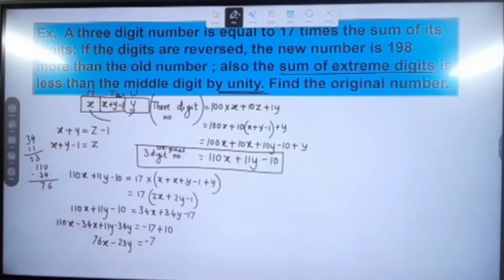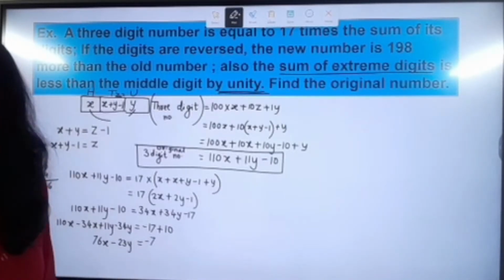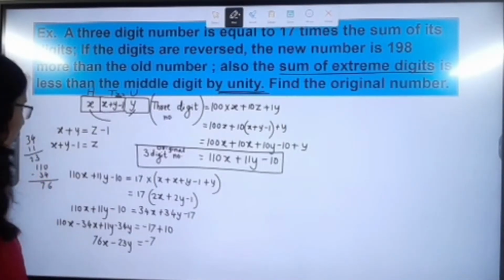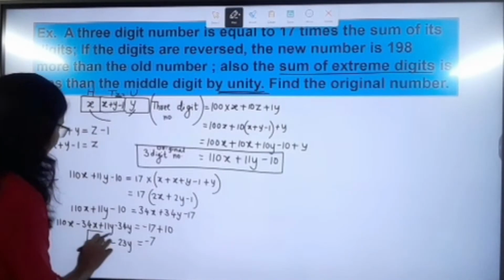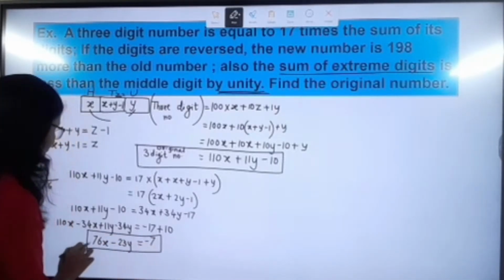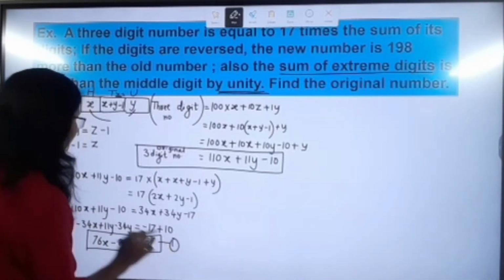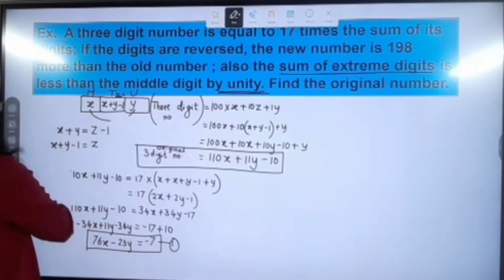So the condition is 76x minus 23y is equal to minus 7. This is our first equation.